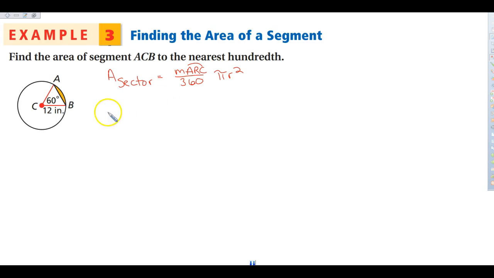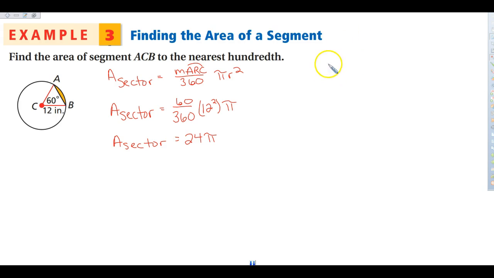So the area of the sector is going to be my arc, 60, divided by 360, times my radius squared times pi. When I put that in my calculator, 60 divided by 360 times 144 is going to give me 24 pi. So this is 24 pi here.